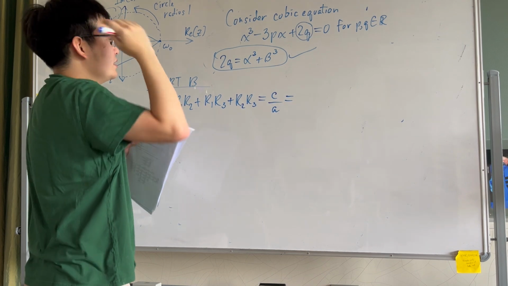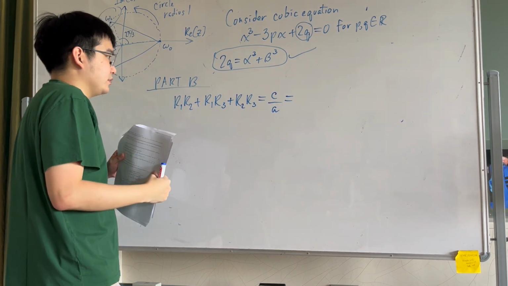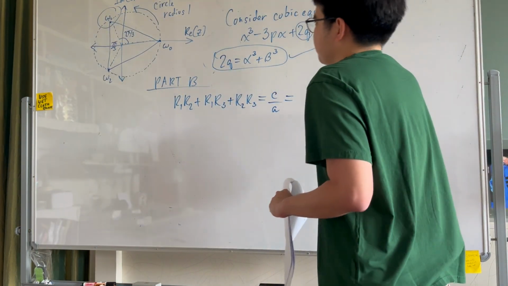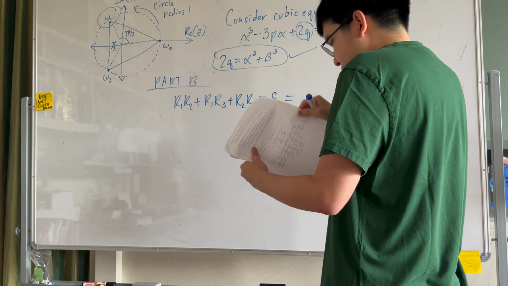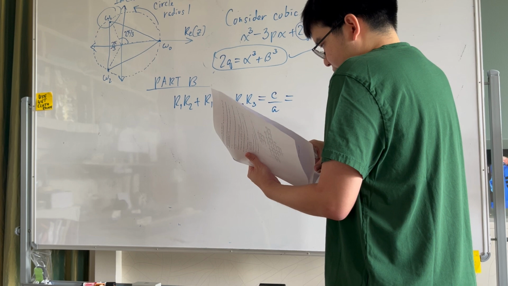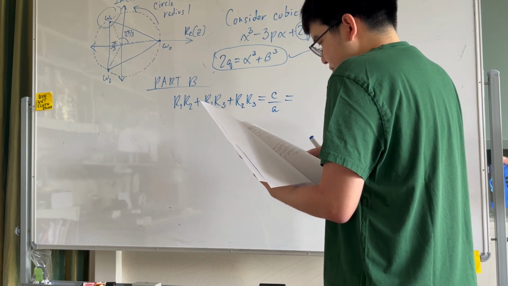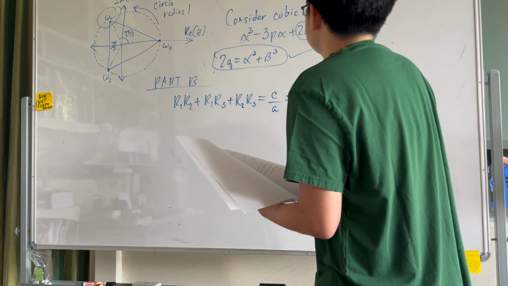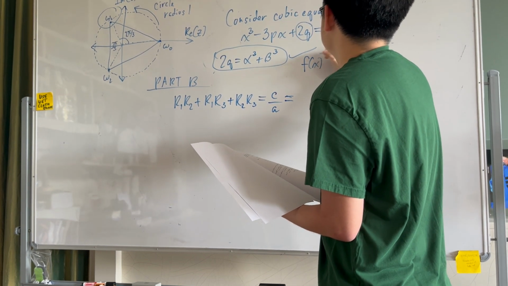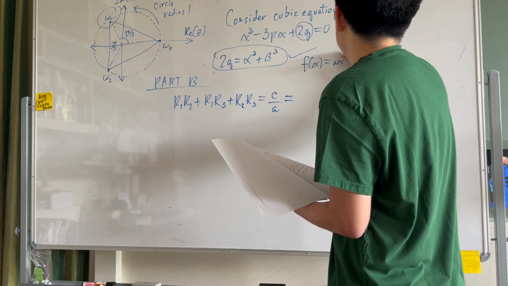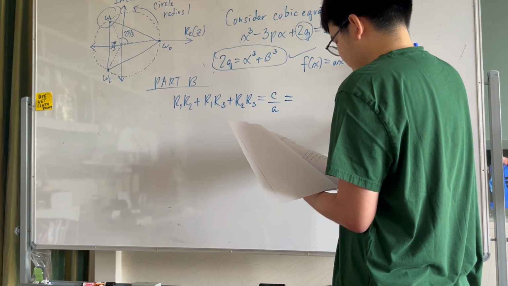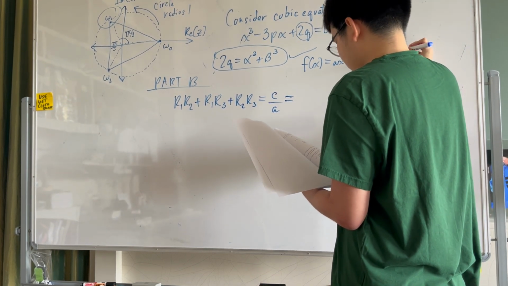Which really all that is, in the most general case, yeah, this is where it helps to write the general form of a cubic function, f of x equals ax cubed plus bx squared plus cx plus d.